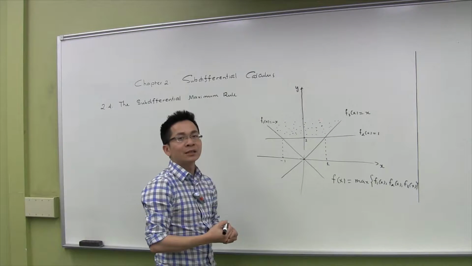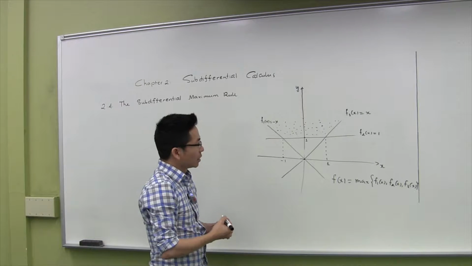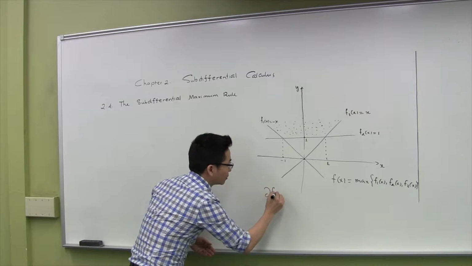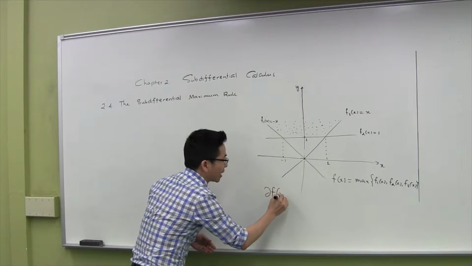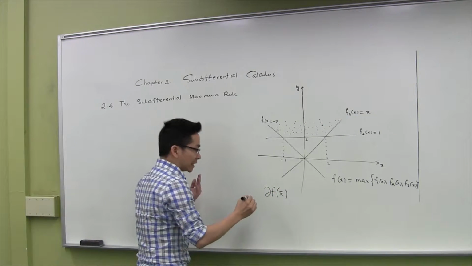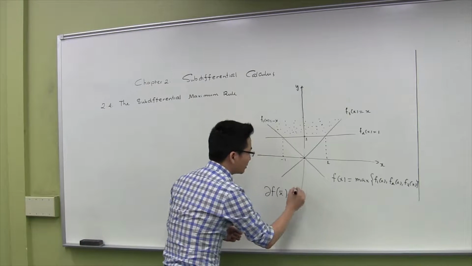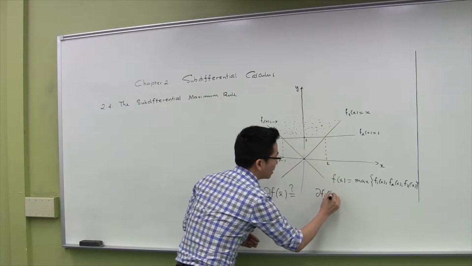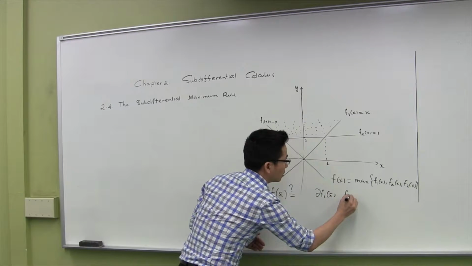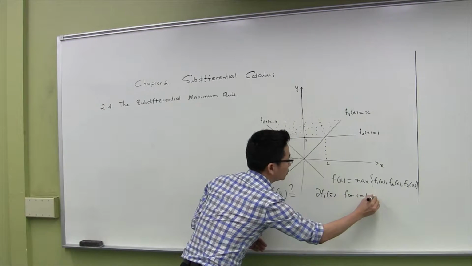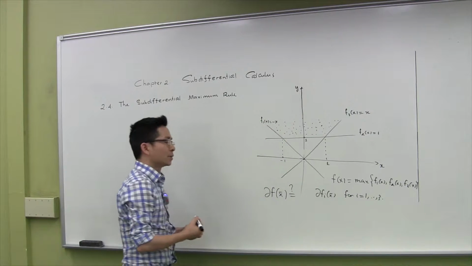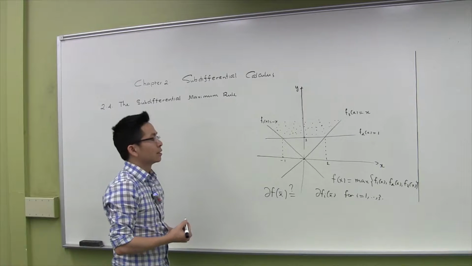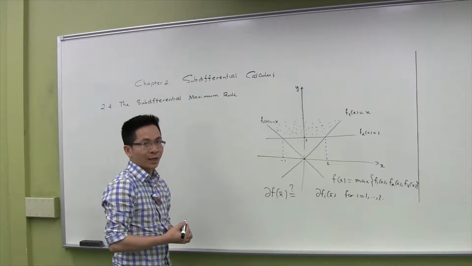So a natural question appears as follows. How can we represent the subdifferential of the maximum function f at a point x bar in terms of the subdifferential of fi of x bar for i from 1 to 3? In today's lecture, I'm going to give the answer to this question.